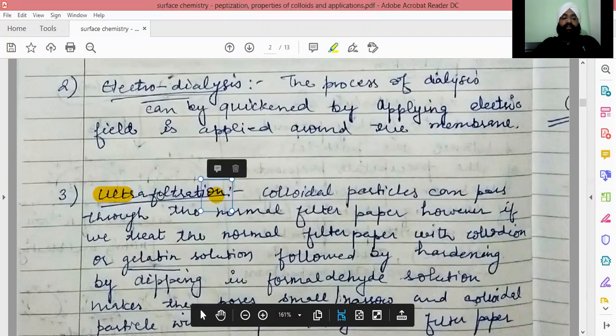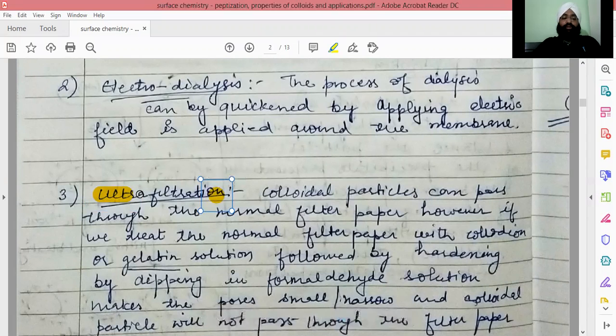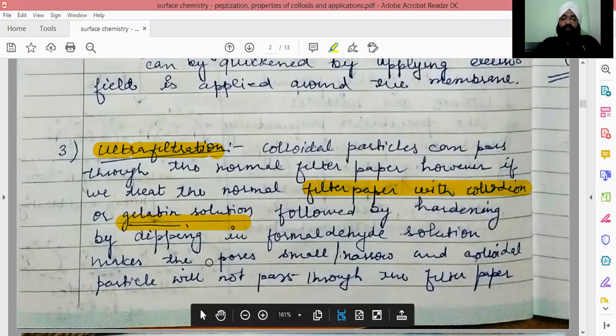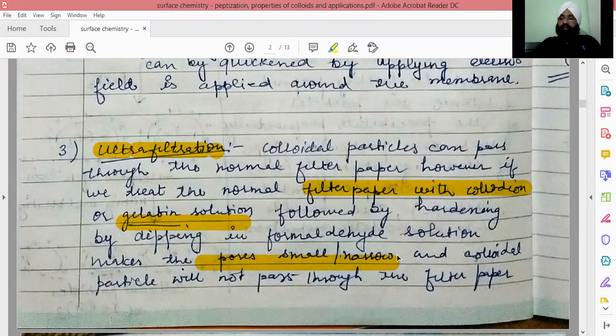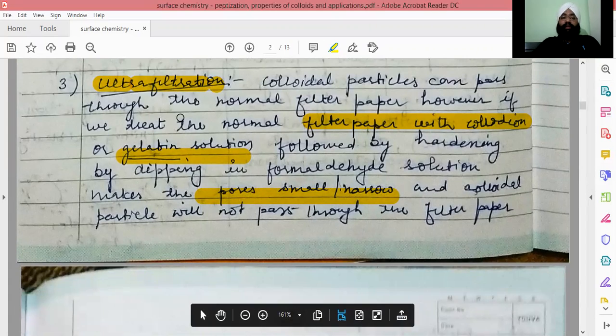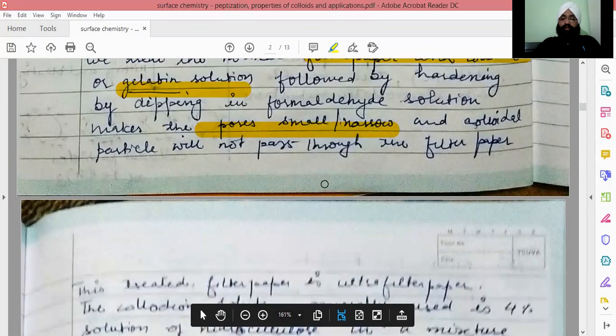Ultrafiltration is the method where ultrafilter paper is used instead of normal filter paper. And what is ultrafilter paper? It is filter paper which is treated with a colloidal or gelatin solution, which makes the pores of the filter paper narrow or small, and by doing so, the crystalloid particles can move through the filter paper, and colloidal particles will not move through it.